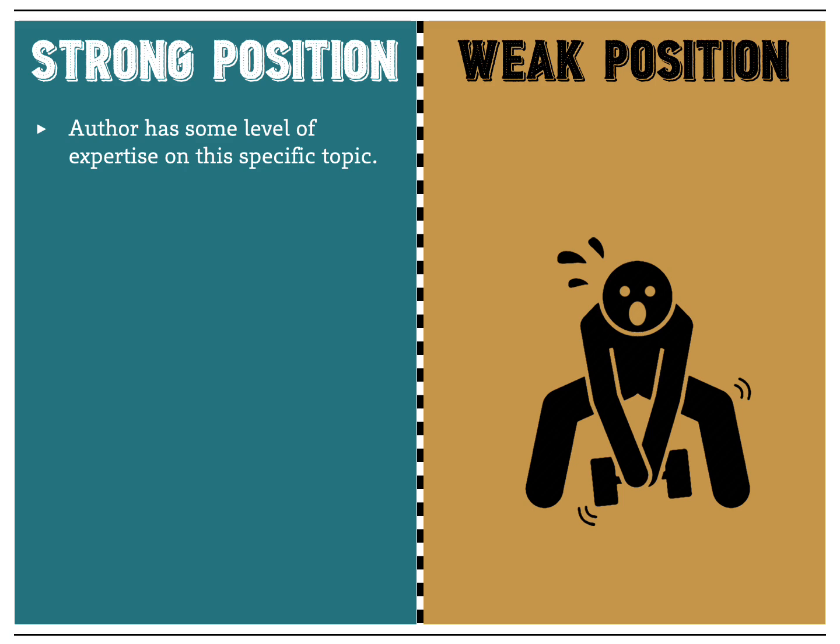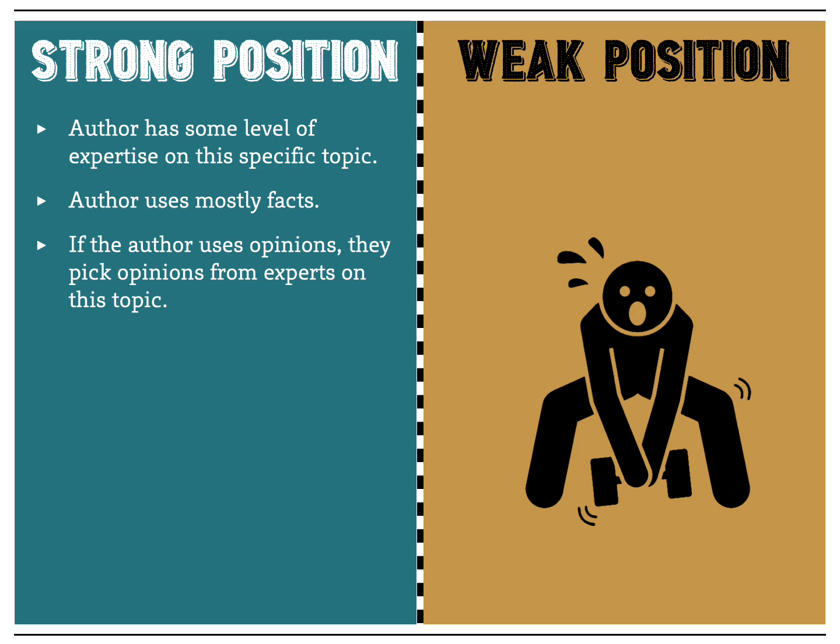That's expertise. The author should use mainly facts in a strong position. If the author uses opinions, they pick opinions from experts on this topic. An expert opinion is very, very different from the opinion of an average guy on the street or the opinion of the author.